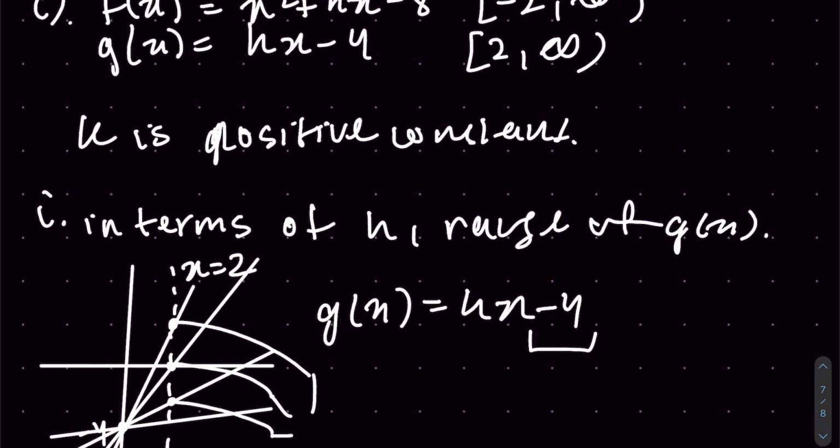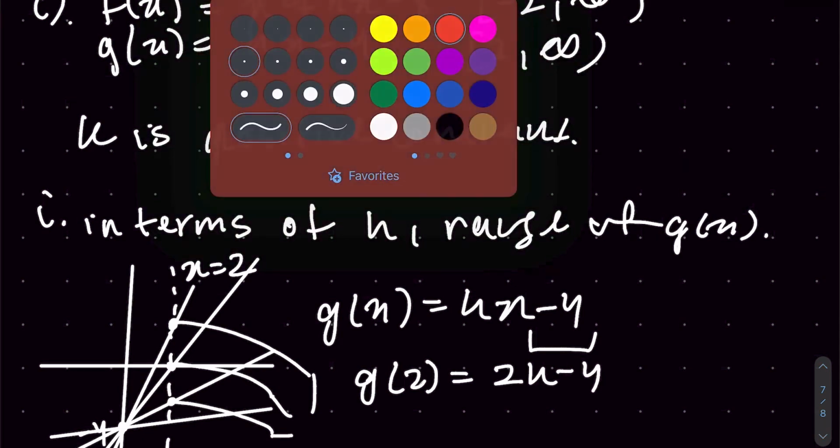Now, as the graph starts here at x equals 2, we plug in x equals 2 into the equation. Plugging into the equation, for the general case, we are going to get a y value. Plugging in g of 2, we get 2k minus 4. Now, this is a y value that corresponds to these values right here. If I put them in another color, these values right here.